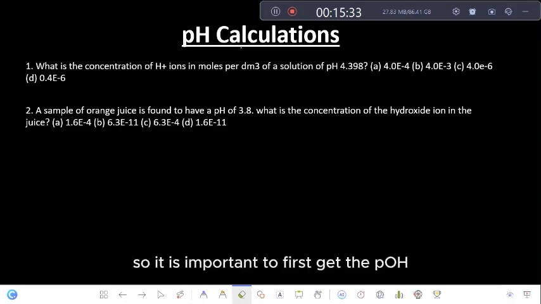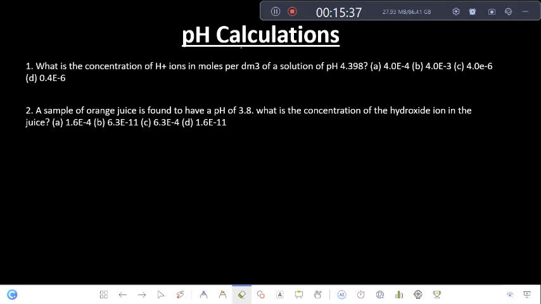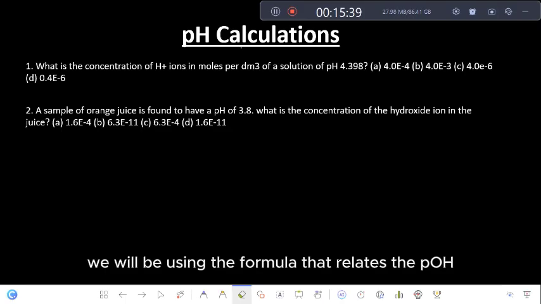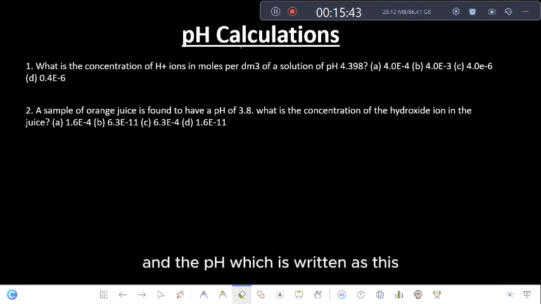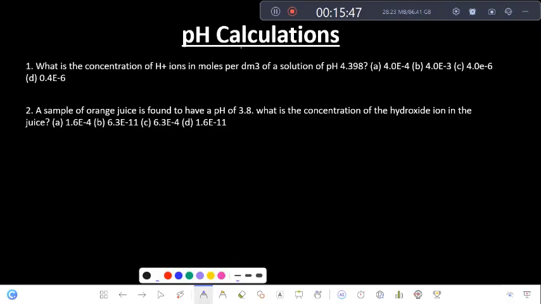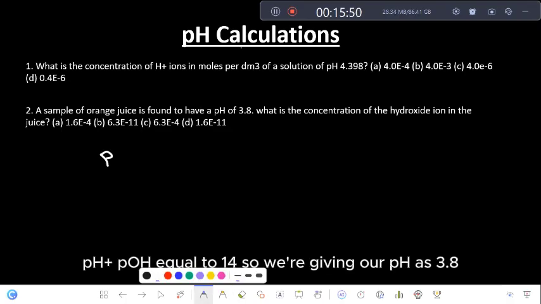So it is important to first get the pOH. In this question, we will be using the formula that relates the pOH and the pH, which is pH plus pOH equal to 14.